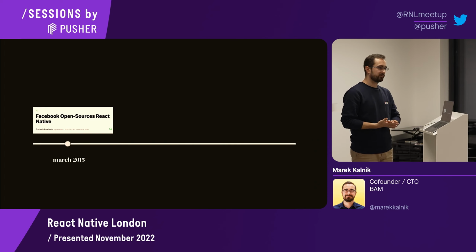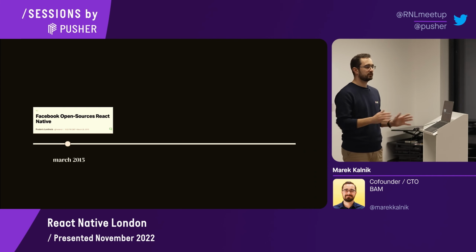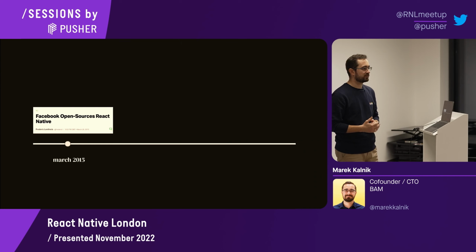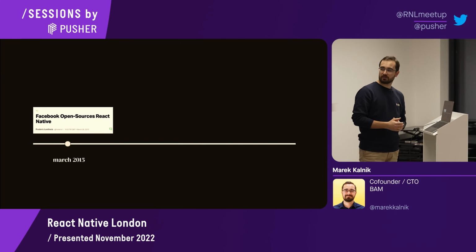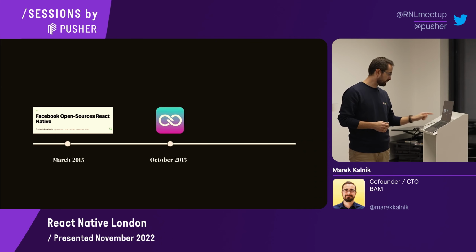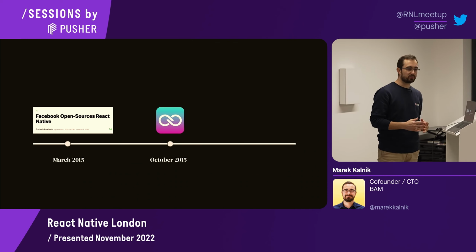And we have a pretty long history with React Native. I don't know how many of you recall the F8 conference at which React Native was unveiled. We started doing React Native a bit after, in October, because our company was always focused on multi-platform development.